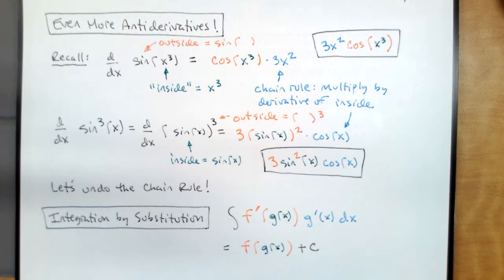So if we take this, we know that the derivative of sine cubed of x is 3 sine squared x cosine x.